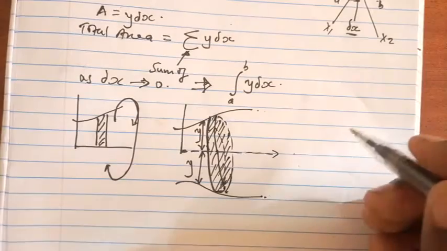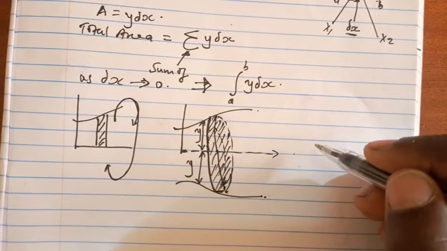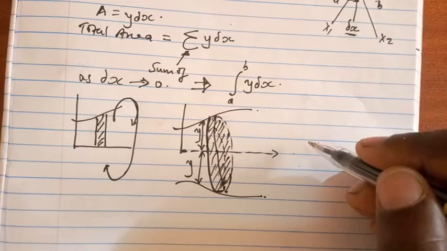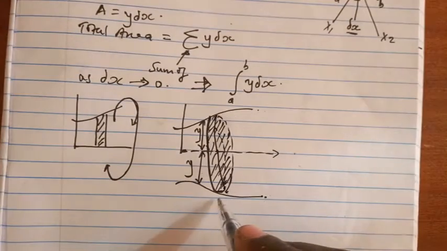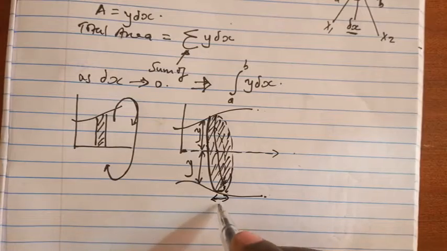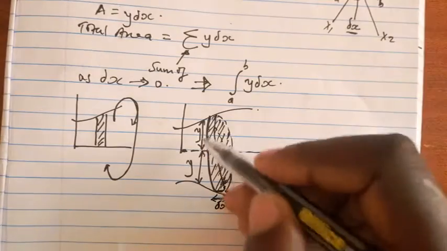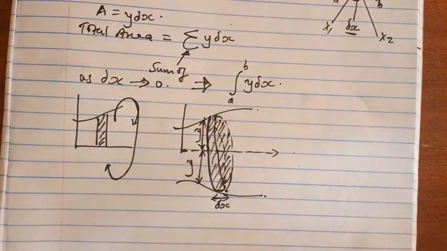If you would want now to just explain what we have done, remember that height is still dx and the radius is y.